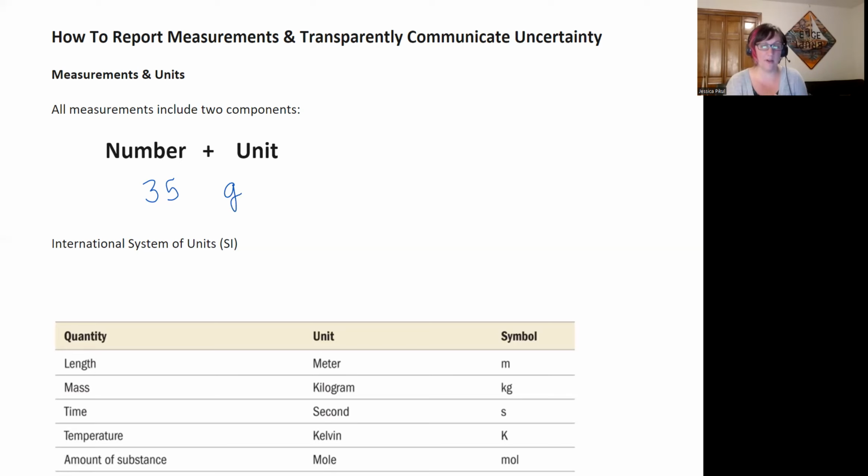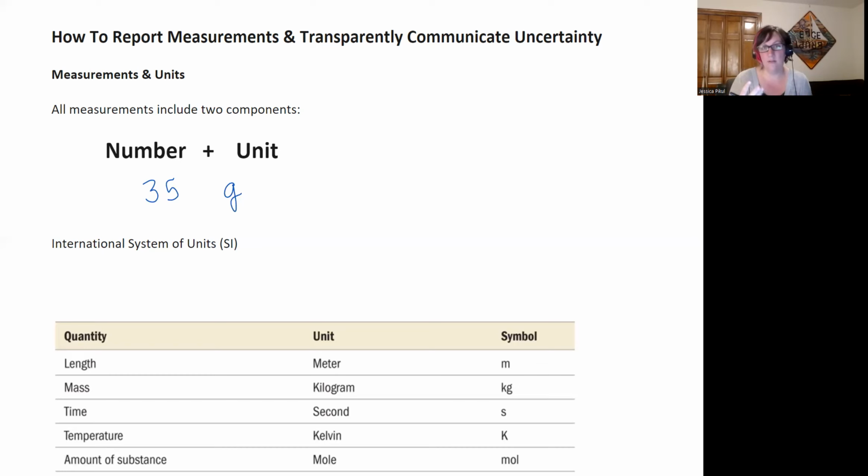And so the two together are essential. Whenever we are performing an experiment and recording values, and let's say we're weighing something or measuring the volume or taking the temperature, we'll always put down both the number that we're reading and also the unit. That way we can keep crystal clear track of what we're actually talking about.